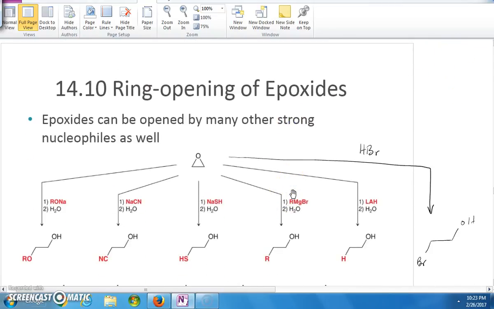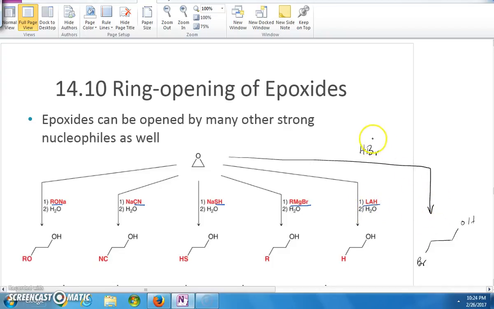Now, epoxides can be opened by many other strong nucleophiles. Like if you started out with an alkoxide, or maybe a cyanide, or a hydrogen sulfide, or a Grignard, or you can easily use a simple hydride.